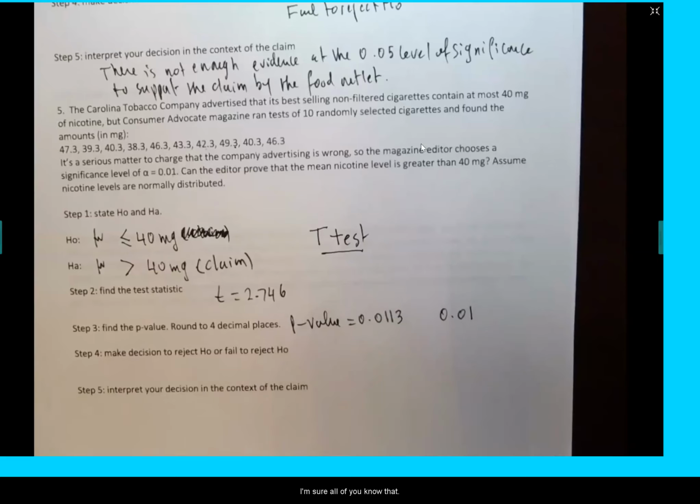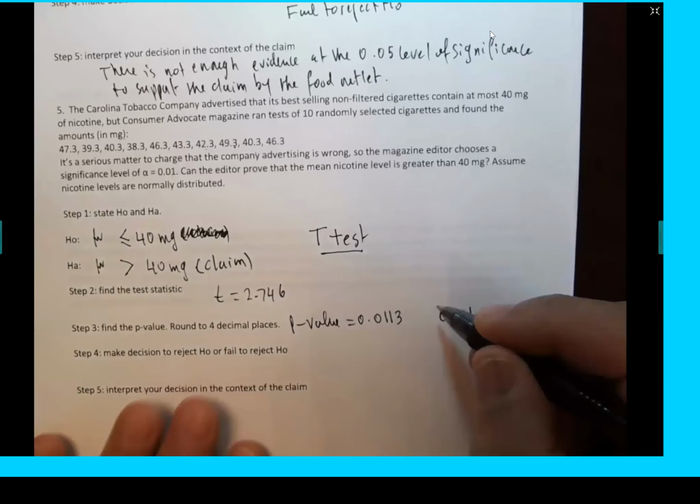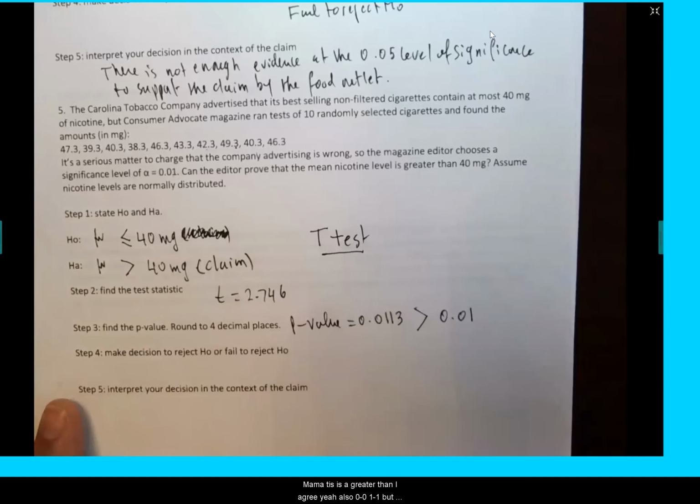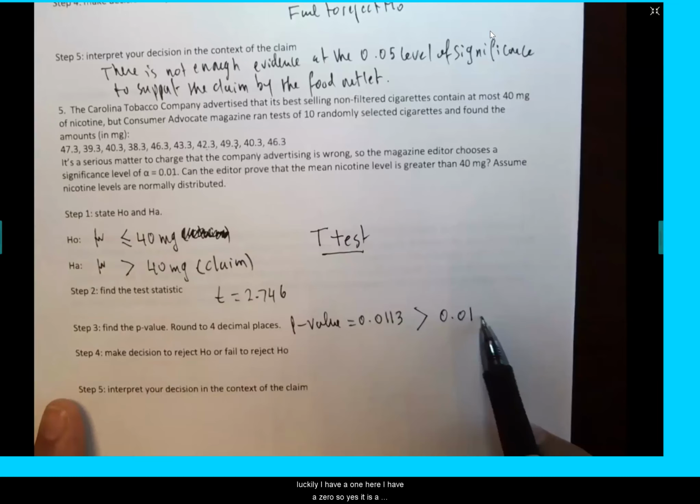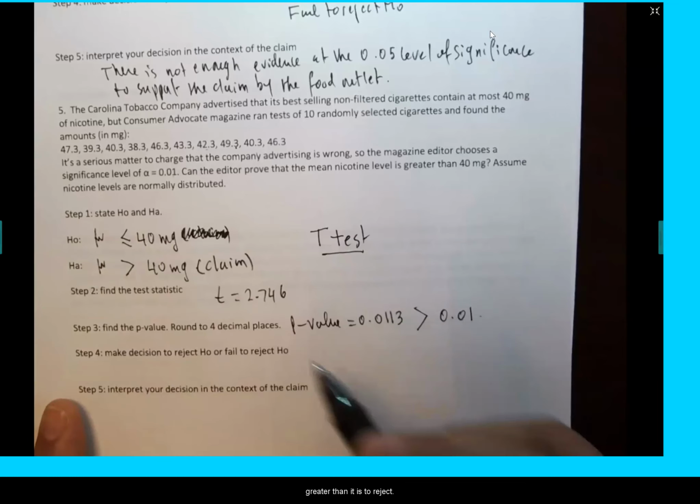I'm sure all of you know that. Okay, greater than. Muhammad says it is greater than, I agree. Also 0.0113, but look, here I have a 1, here I have a 0. So yes, it is greater than, fail to reject H0.